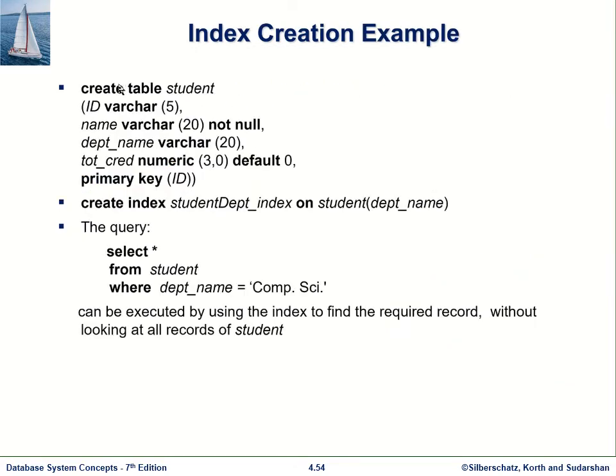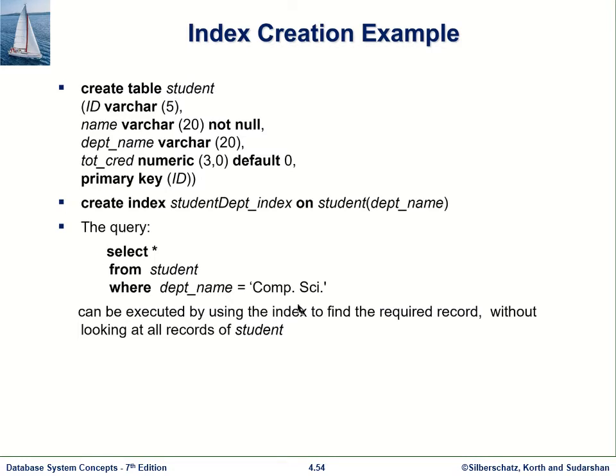We have defined a student table, same as previous. Okay, and then we create an index, which is CREATE INDEX student_dept_index. Dept means the department. So the index name is this one, on the student table, and then which attribute? Department name. So that means we create an index for each department.